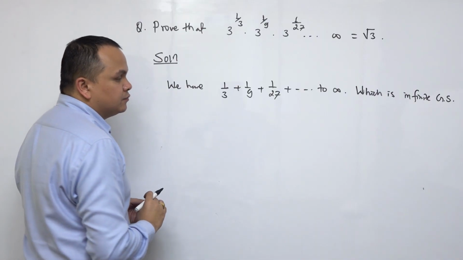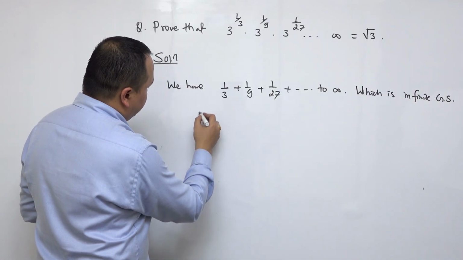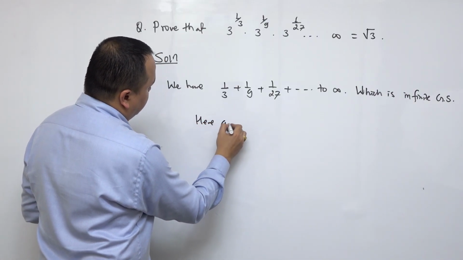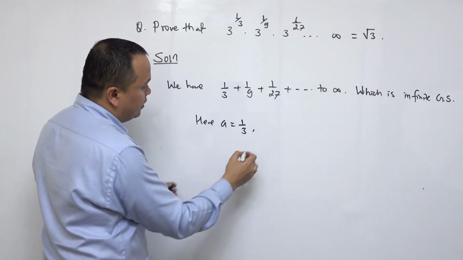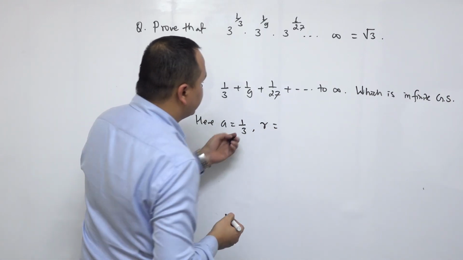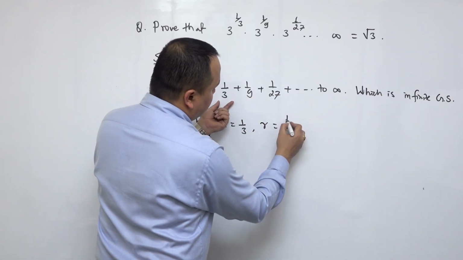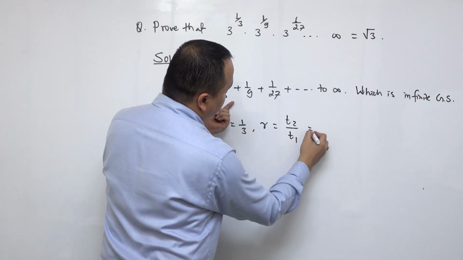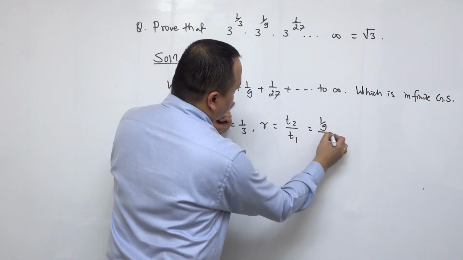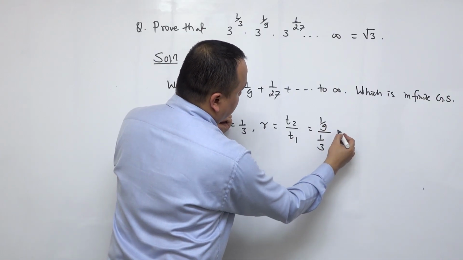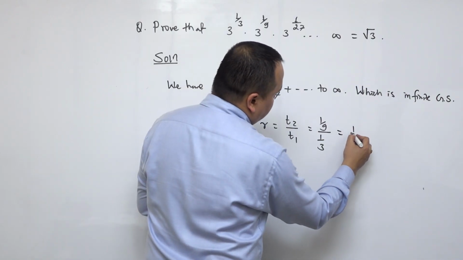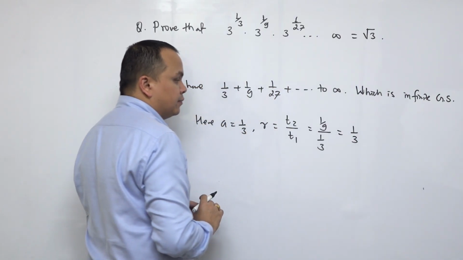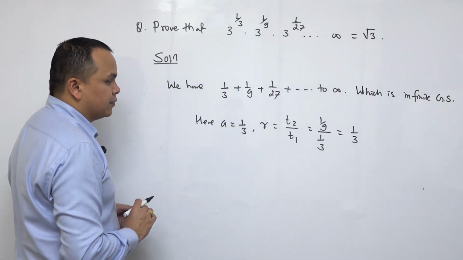So we have a formula for sum. Here a is equal to 1 upon 3, r is equal to T2 by T1, the 1 upon 9 upon 1 upon 3, this is 1 upon 3.